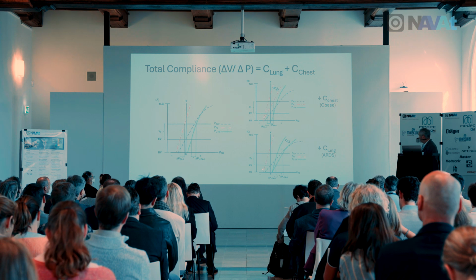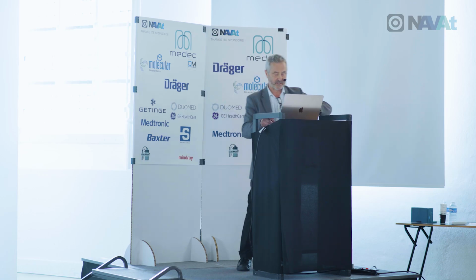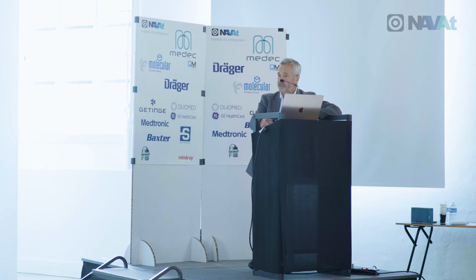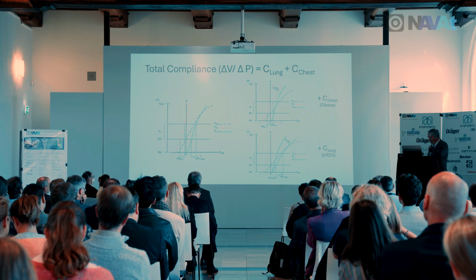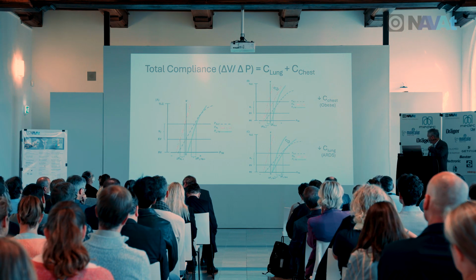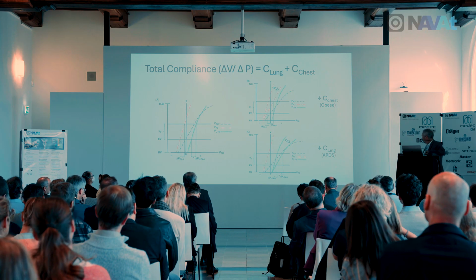gradient, and the result in both conditions is that alveolar pressure or transmural pressure of the respiratory system, of the entire system, is increased, and therefore compliance is decreased. The lower one will have a far more effect on the afterload of the right ventricle, compress the alveoli more.